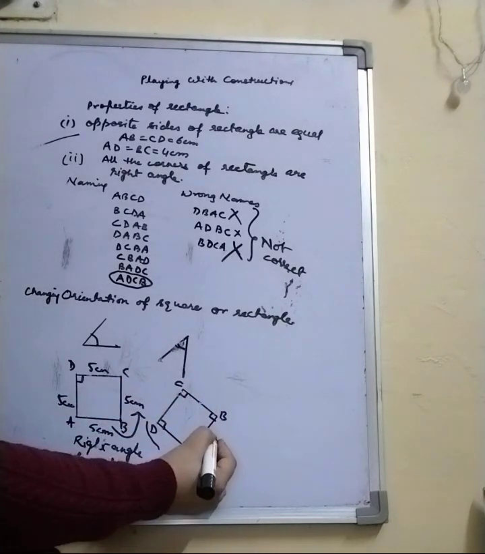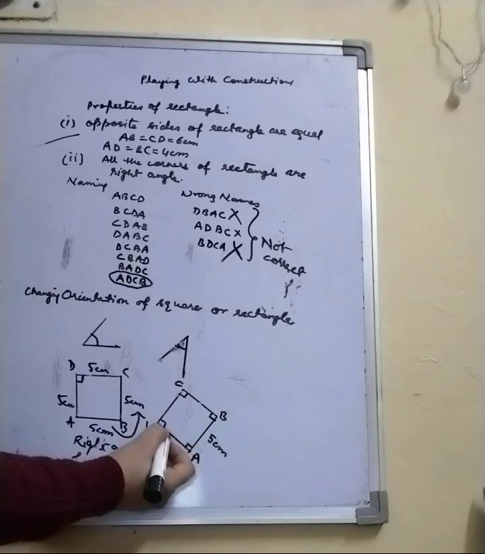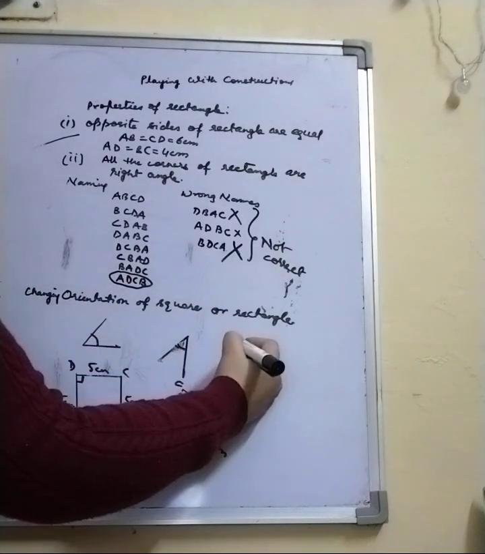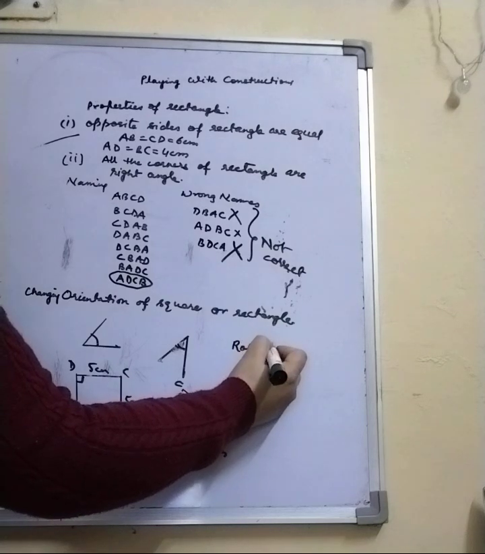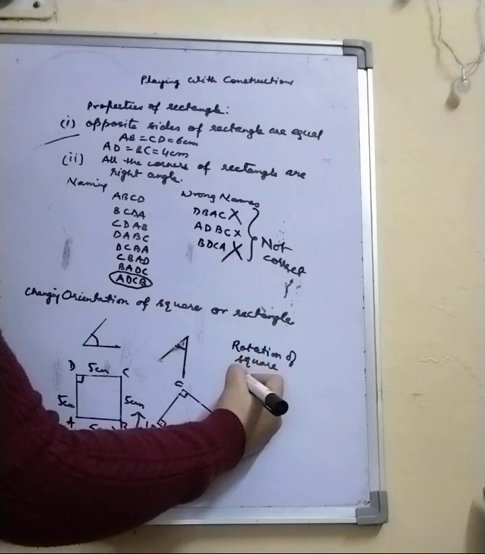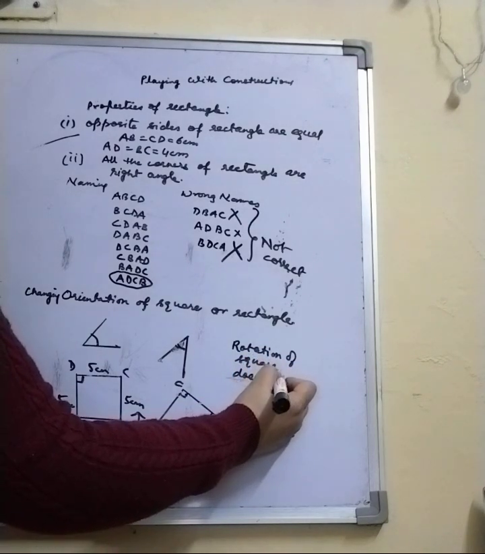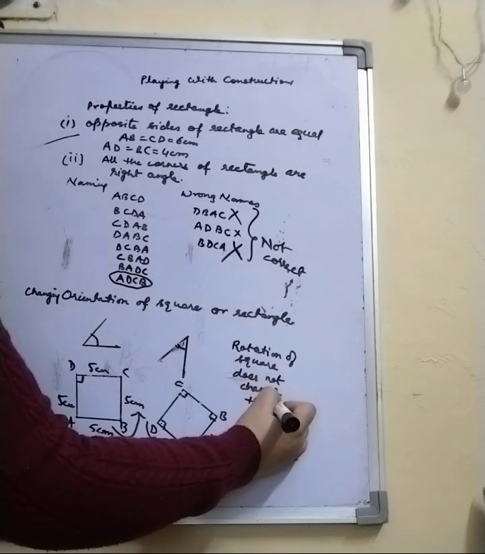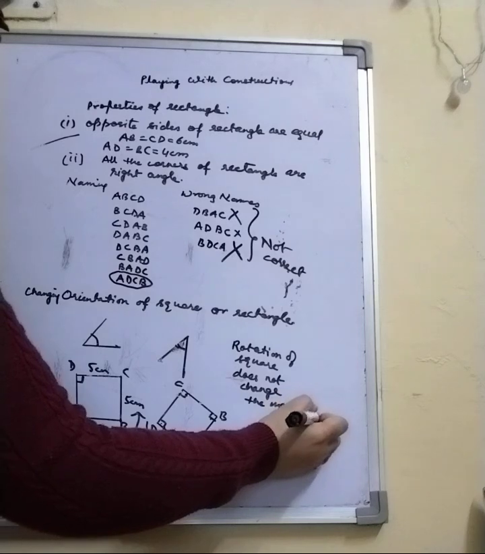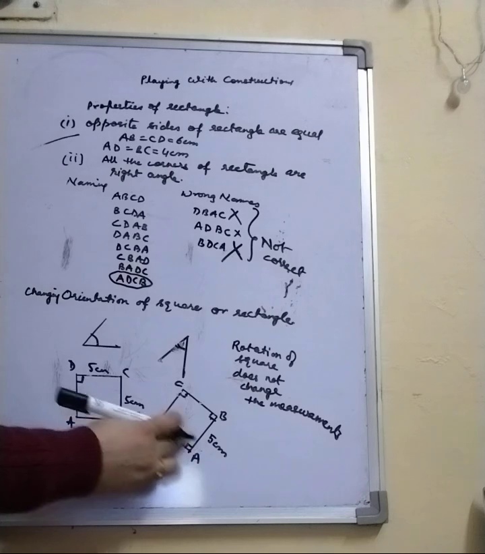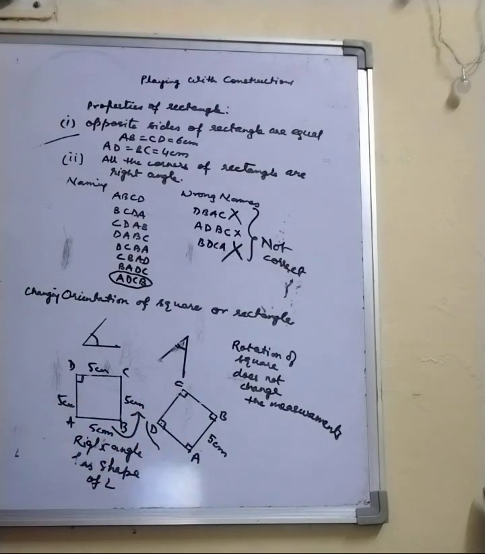Means the line segment would remain 5 centimeter and the corners would be right angle and L shape. Measurements means whatever you are measuring, like the line segment length or the angle, corner.